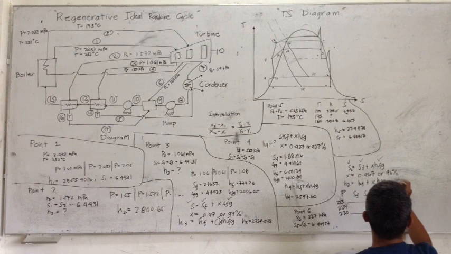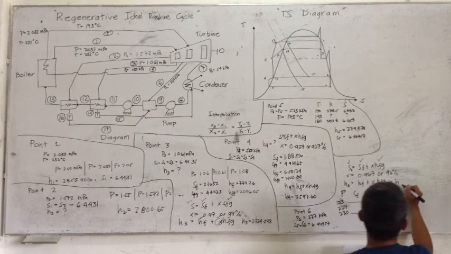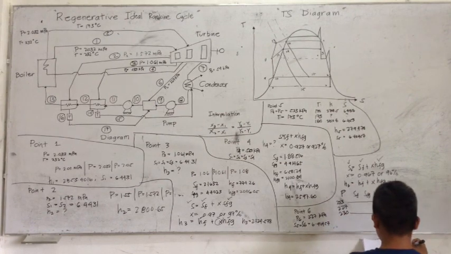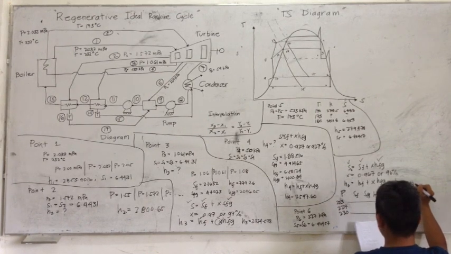Directly substituting our given numbers, we get H6 which is 2,640.14.